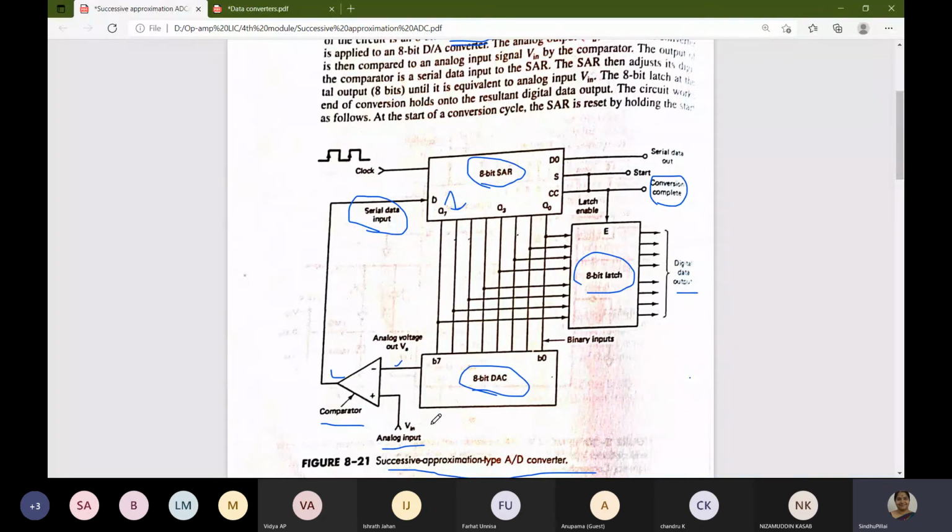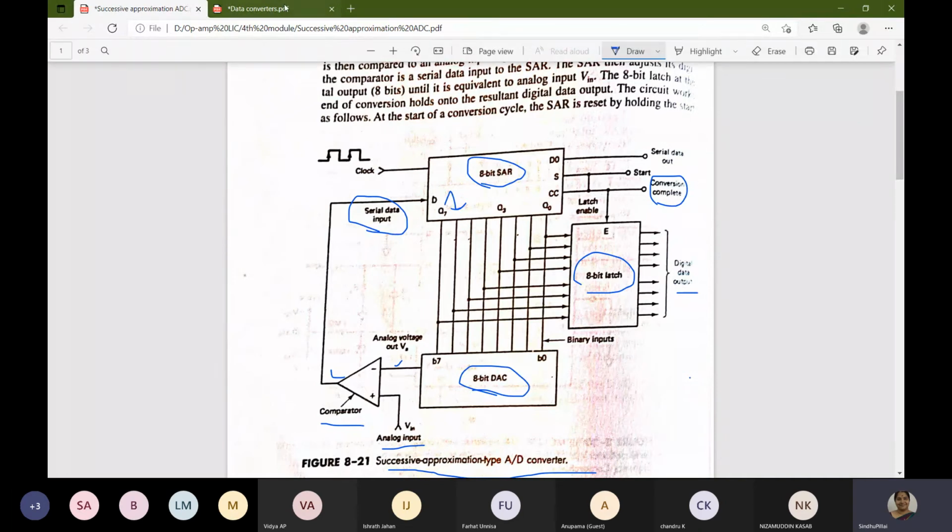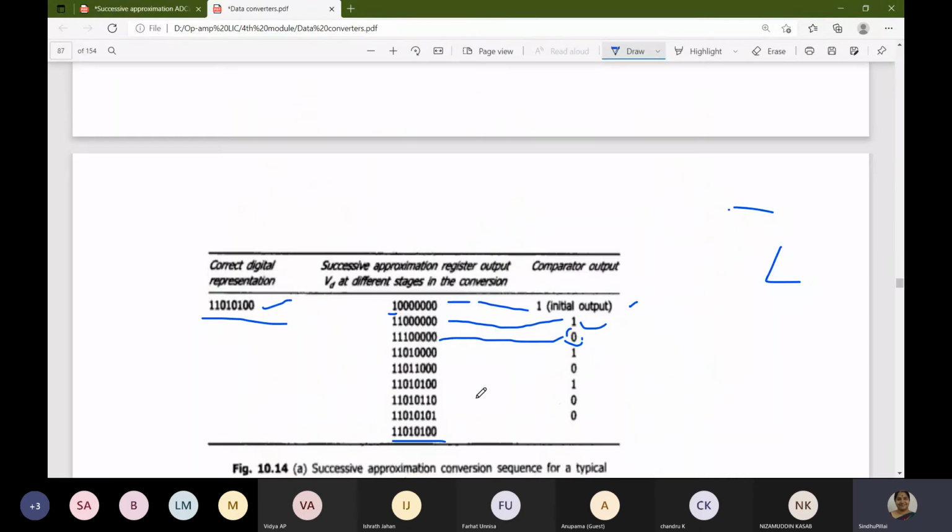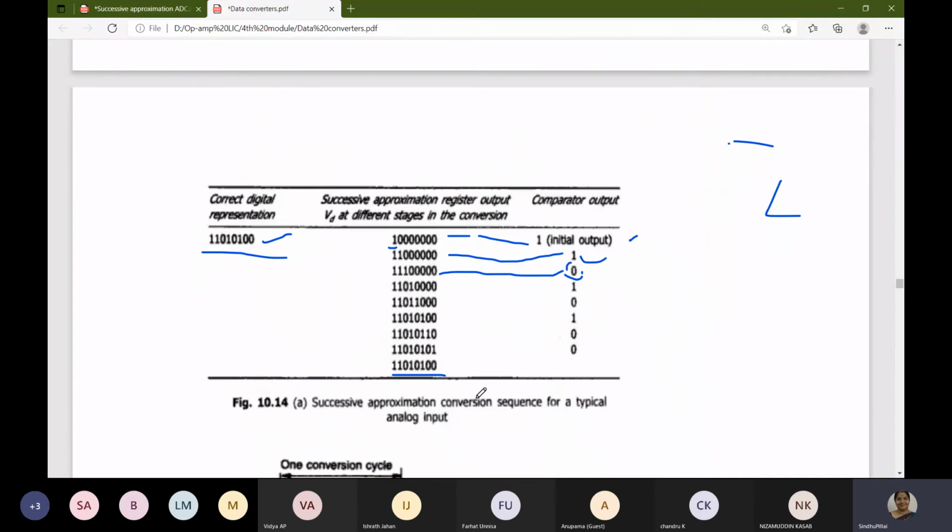That analog is compared, and accordingly all the bits from Q7 to Q0, all these 8 bits, will be tried until the required digital output is got for this analog signal. Explain this with an example, then it will be useful. If you take this example, it will be clear how the conversion is done.